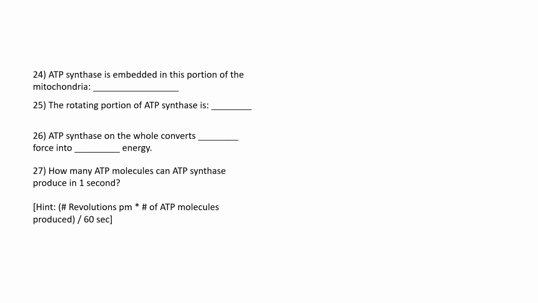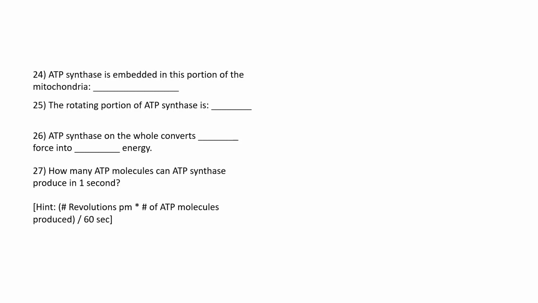Now here is a small maths problem, very easy. How many ATP molecules can ATP synthase produce in 1 second? I don't know if you guys remember the numbers that were given as part of your video, like what these different parameters were. I've given a little hint. You need to know the revolutions per minute.